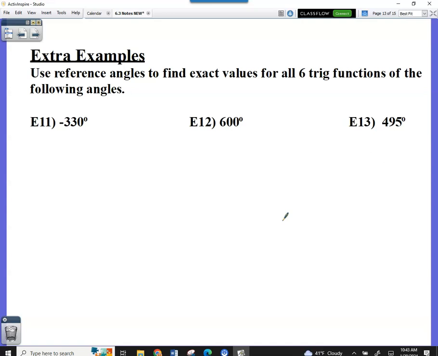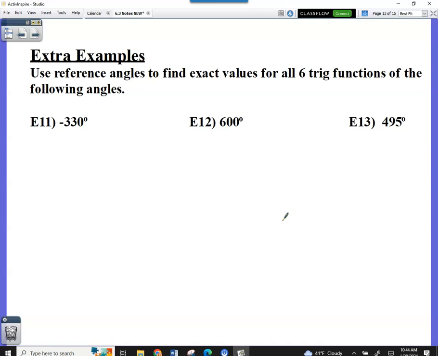I don't think you have any problems writing the sine, cosine, tan. So we don't necessarily have to finish the next 3 extra examples that I made up. But I do want to practice drawing the picture and getting the correct reference angle. So go to the next 3.